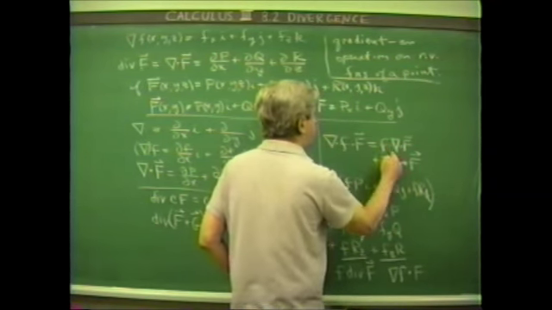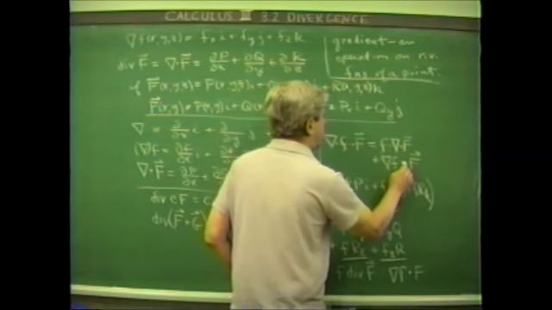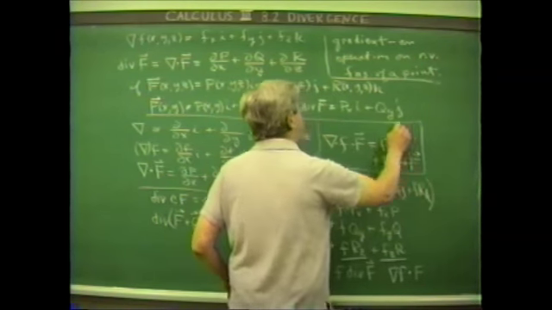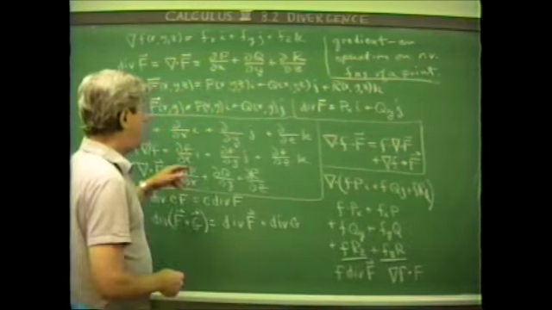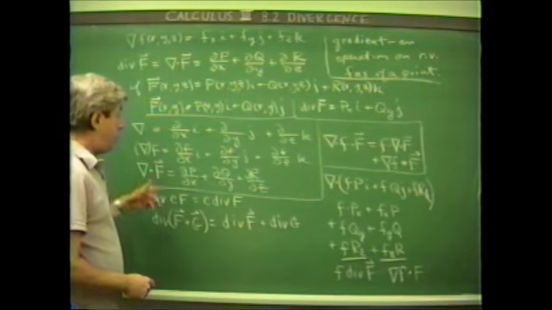This little f times divergence of capital F is scalar multiplication. And so you get this formula, which is a derivative type formula, and indicates that the divergence is a type of derivative.